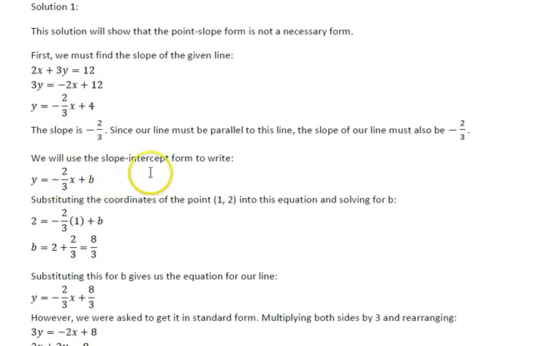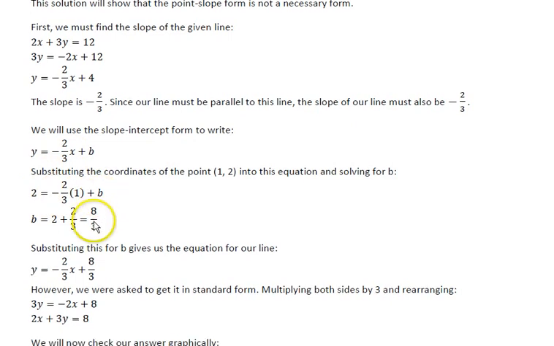We will use the slope-intercept form and write y equals negative 2/3 x plus b. We don't know the y-intercept. However, we do know one point on our line, and we're going to substitute that point for x and y into this equation. We substitute the 1 for the x, the 2 for the y, and we'll be able to solve for b.